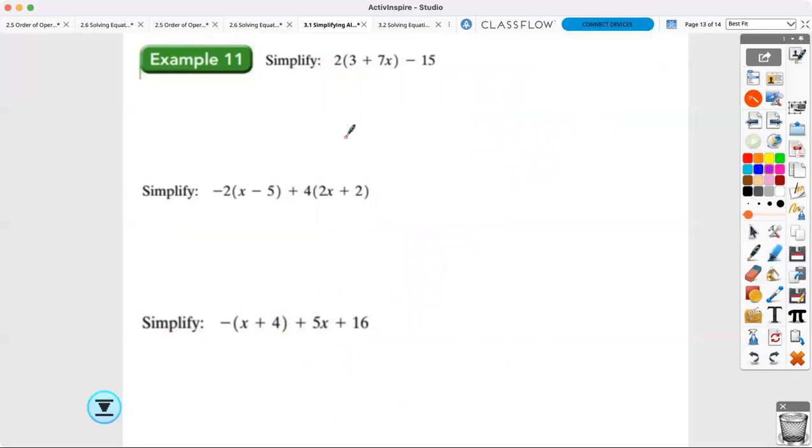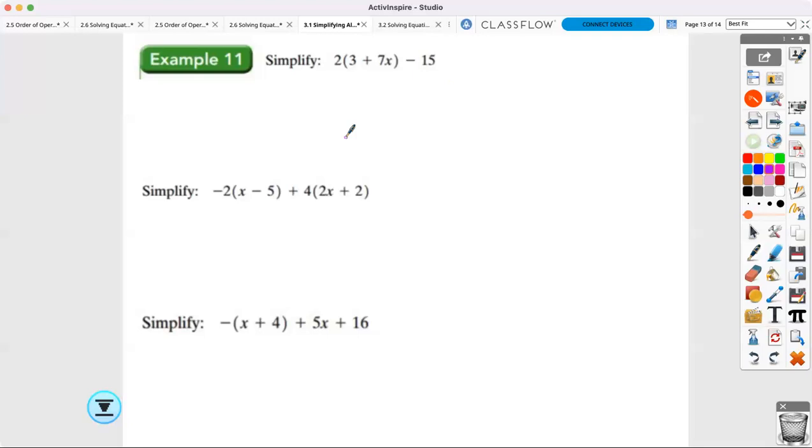So example 11, I'm gonna give you about a minute to start setting it up, and I'll begin working it out.